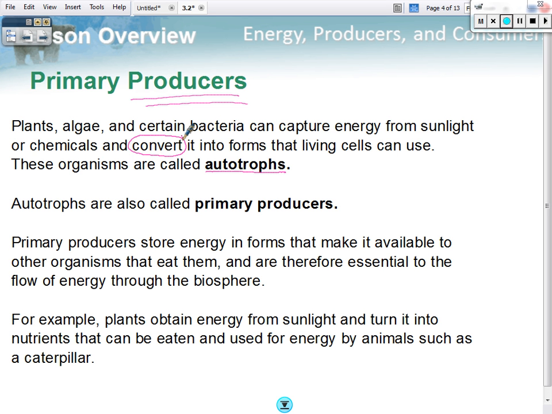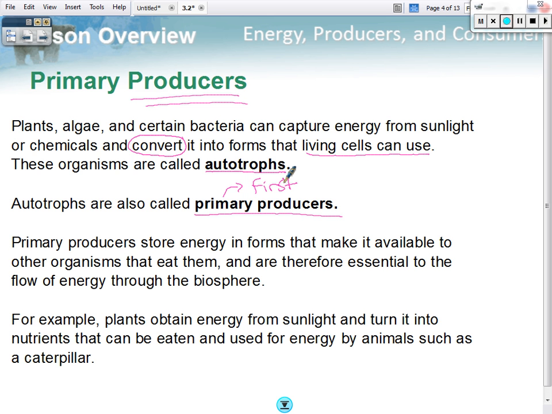They don't make it, but they convert it to where we can use it. All cells can use it. So if we're saying producers, we're also saying autotrophs. Autotrophs are also primary producers. Primary, first. It's an easy way to remember that that is where the energy conversion starts, the primary producers.